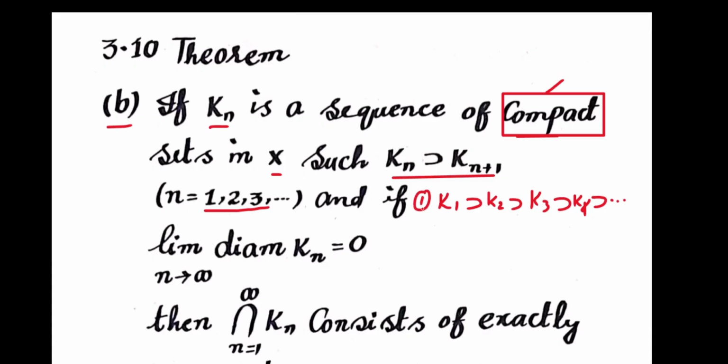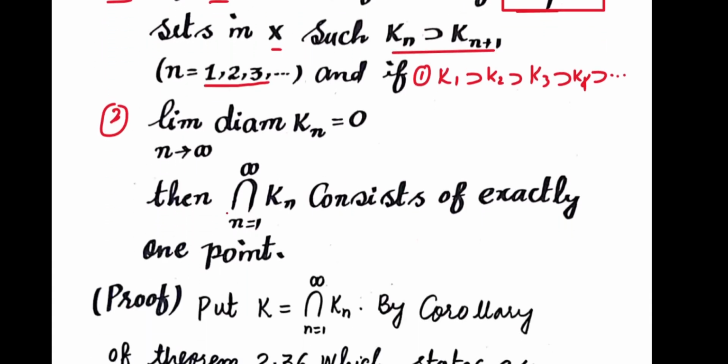The second information is that the limit of the diameter of Kn approaches 0. This is the second information, and this we have to show. Then the infinite intersection of these Kn consists of exactly one point.